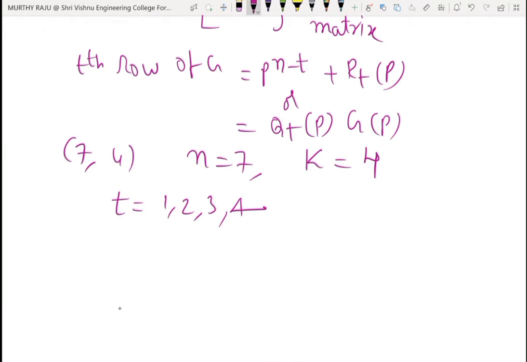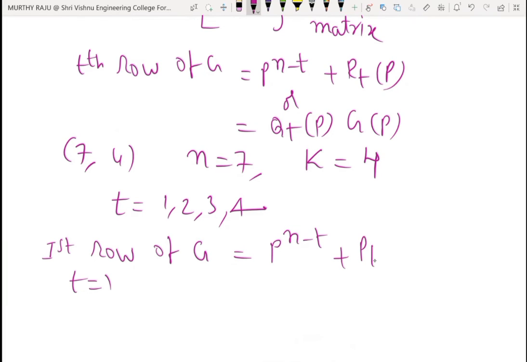Now we will determine the first row. First row of G, that means t is equal to 1, is P power n minus t plus R1 of P. Here n is equal to 7, t is equal to 1.